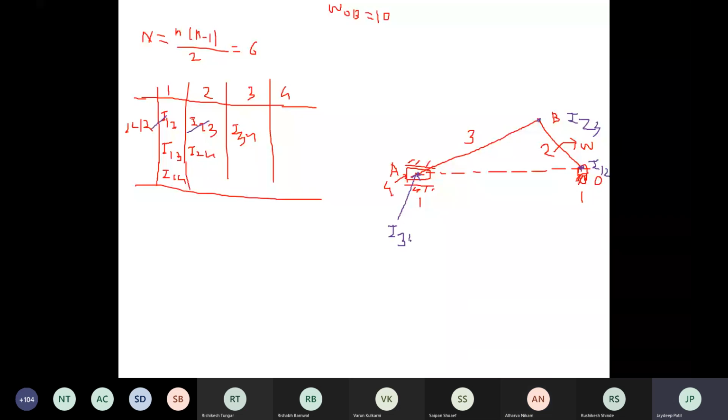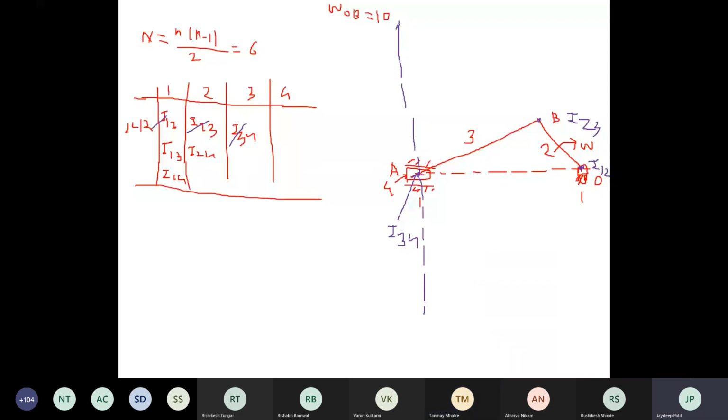Okay, and one more ICR is remaining here, the ICR of 1 4. ICR of the slider with respect to which link? 4. Correct, I 1 4. Where will I 1 4 be? At infinity, in the upward and downward directions both, perpendicular to the velocity of the slider.